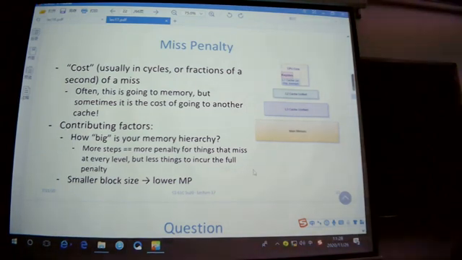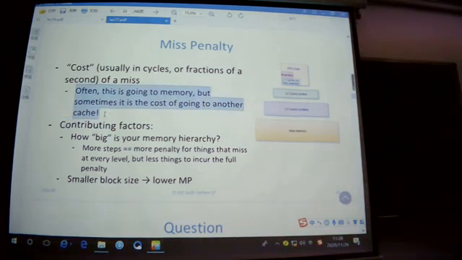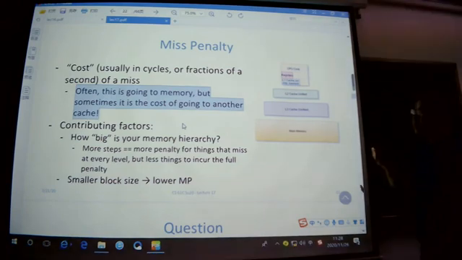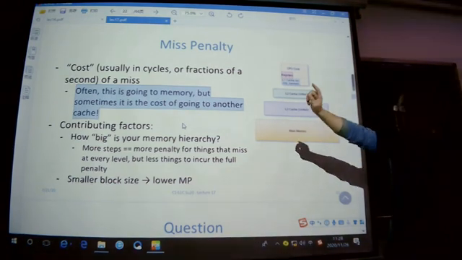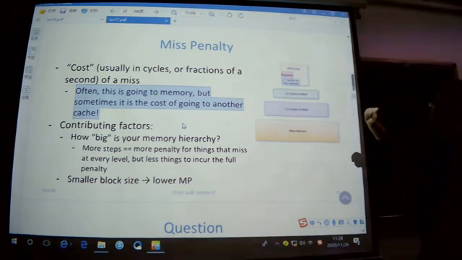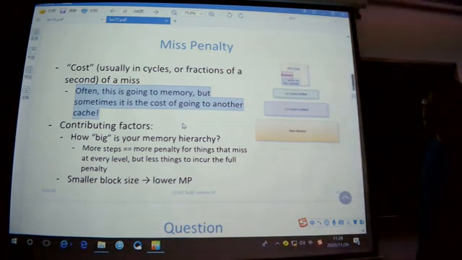You can find that this is the cost of going to memory, but sometimes it is the cost of going to another cache.